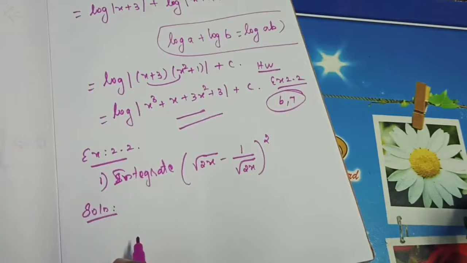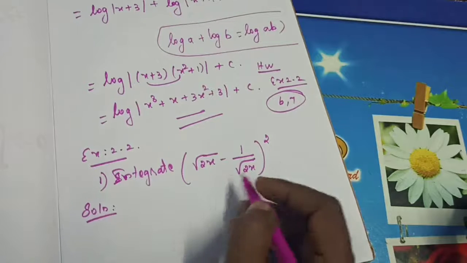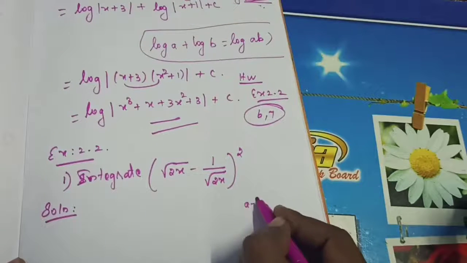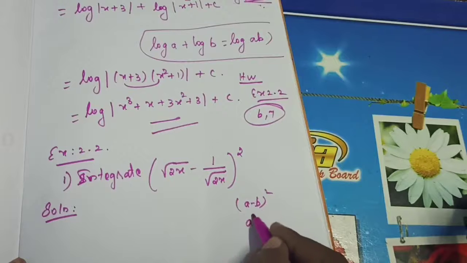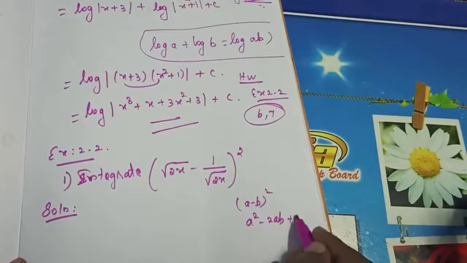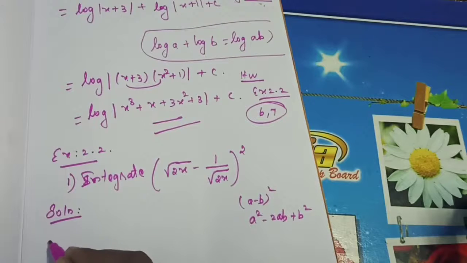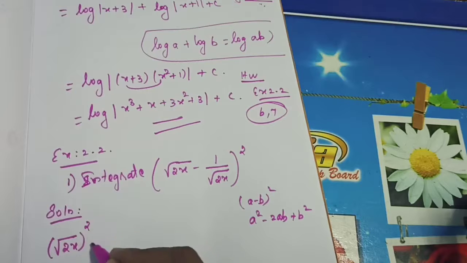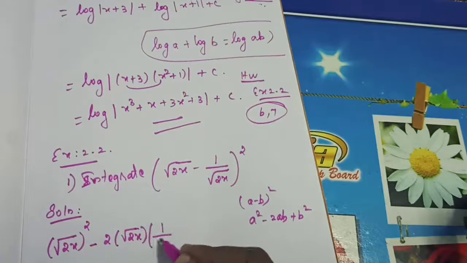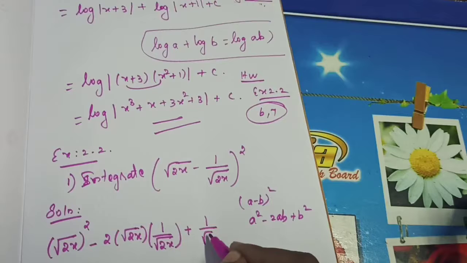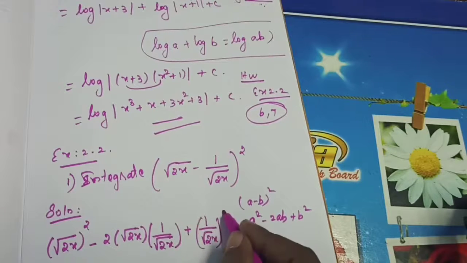First we are going to expand this using the (a minus b) the whole square formula. What is the formula for (a minus b) the whole square? a square minus 2ab plus b square. Using this formula: square root of 2x the whole square, minus 2 into a value, which is root of 2x, b value is 1 by root of 2x, plus b square, which is (1 by root of 2x) the whole square.